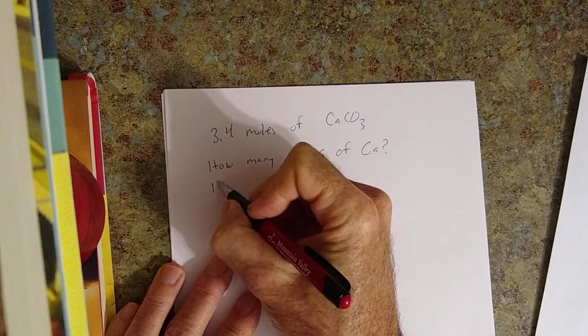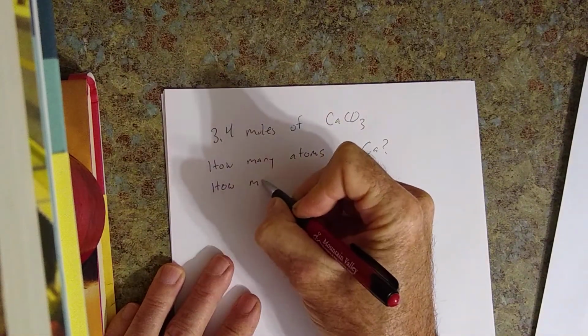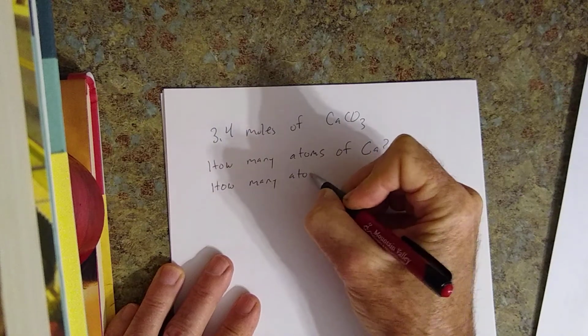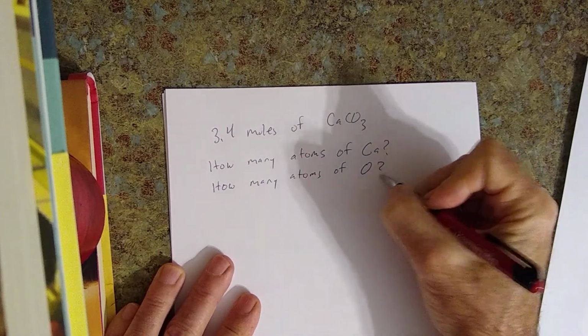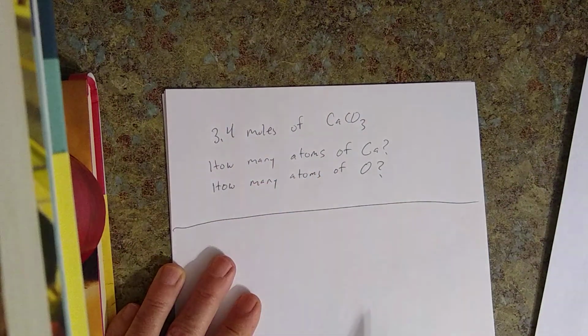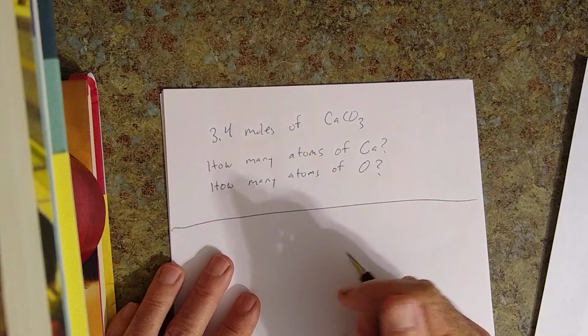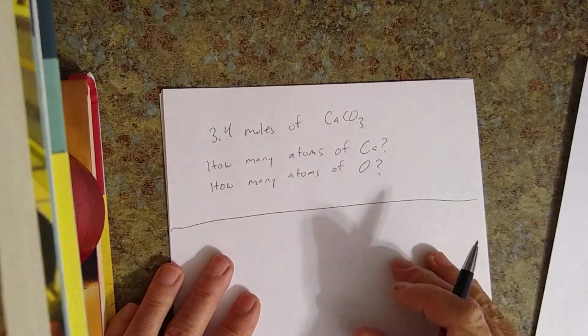And then I'll ask you, how many atoms of oxygen do you have? All right, so try to work that out. Replay the video if you're missing something here, okay?